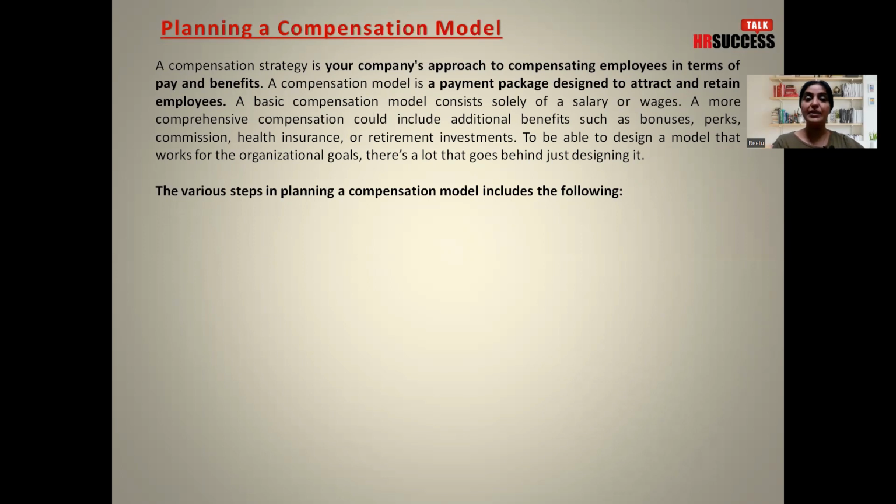A more comprehensive compensation could include additional benefits such as bonuses, perks, commission, health insurance, or retirement investments. To be able to design a model that works for the organizational goals, there is a lot that goes behind just designing it. The various steps in planning a compensation model include the following.